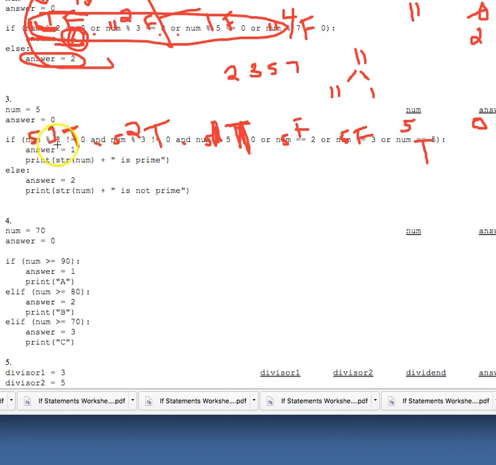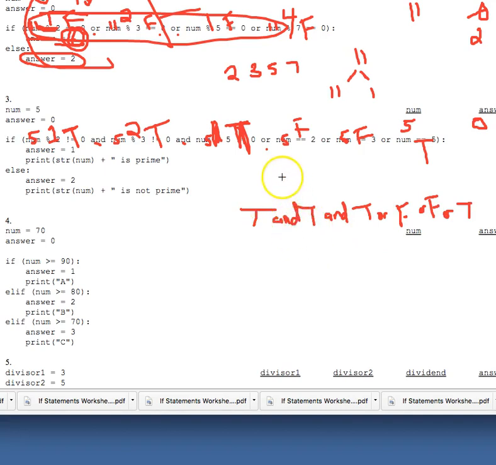If I rewrite all this mess, I have a true ANDed with a true, ANDed with another true, ORed with that false, and there are no other parentheses involved. ORed with another false, and then finally ORed with another true. Well, we have to do the stuff around the ands first.